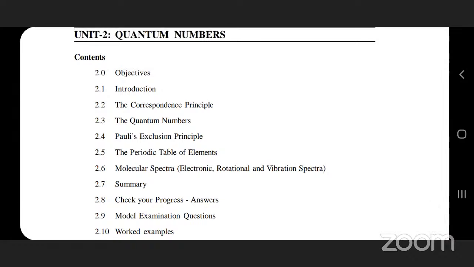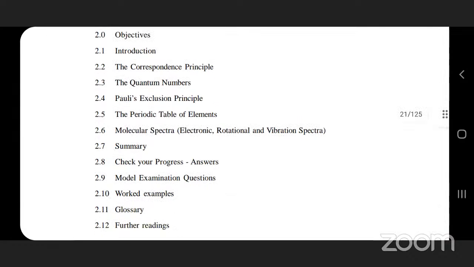So what is the correspondence principle? What are the quantum numbers? Pauli's exclusion principle, and the periodic table of elements, molecular spectra, which includes the electronic, rotational, and vibrational spectra.